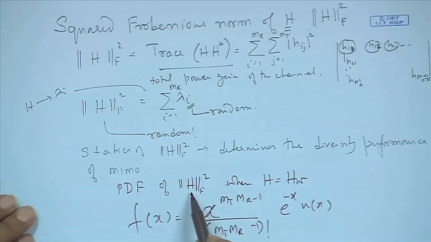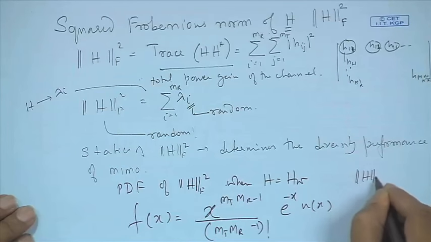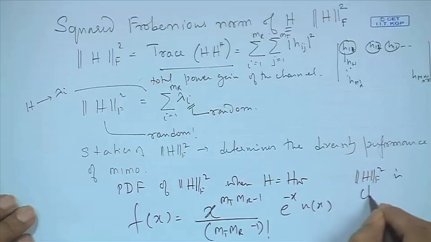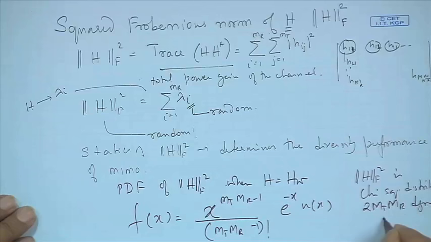This is always positive, greater than or equal to 0, and 0 only when x is equal to 0. So the expression for the PDF is this, and therefore we could say that the squared Frobenius norm is chi-squared distributed, with 2 times mt mr degrees of freedom.